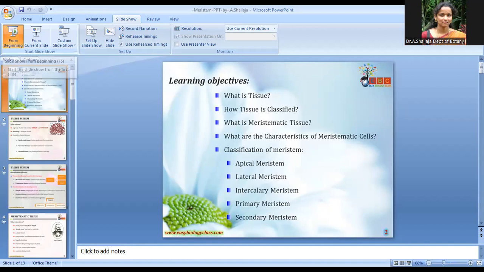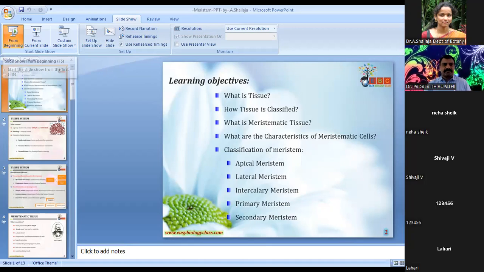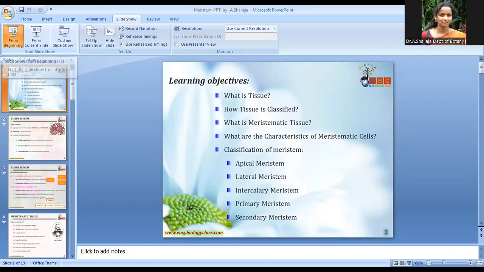He mentioned them in his book Anatome Plantarum, which was published in 1675. The cell was introduced by Robert Hooke in 1665. After that, Malpighi introduced the terms epidermis and stomata in his book.